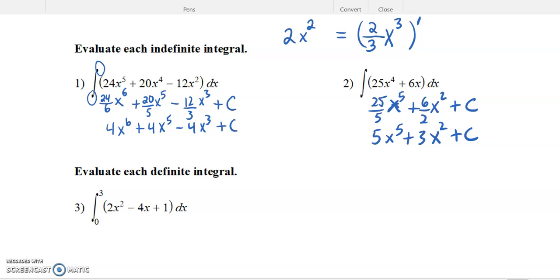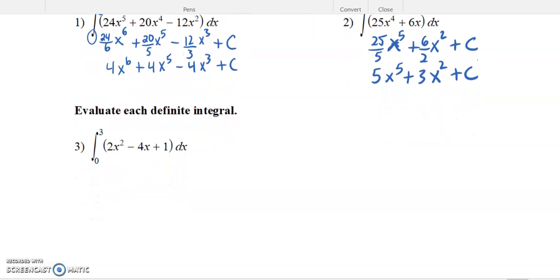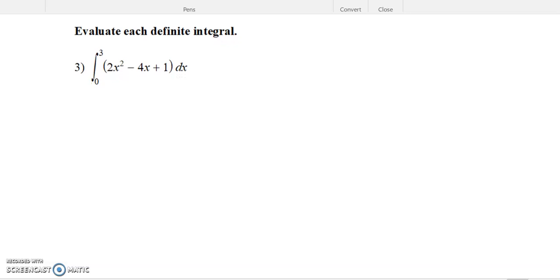Now, continuing this process for the fundamental theorem of calculus. This is what I'll call FTC. This is when you're actually finding an exact area under the curve between the numbers 0 and 3.